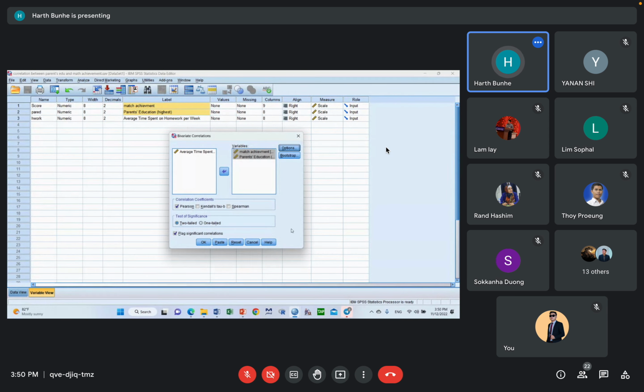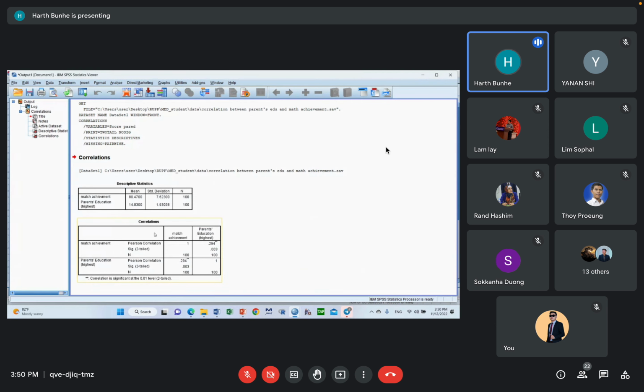Go to continue and OK. Here is the descriptive statistic that we take by options, and this is the output that you will see from the slide. There's a correlation between math achievement and parent education level.